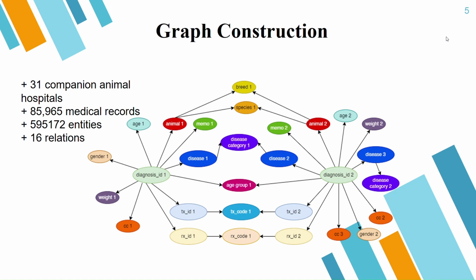This is the representative node of the medical records, and to predict the disease, we can use this node, and we use the graph neural network to aggregate the information of all the medical information, and then we can predict the disease.